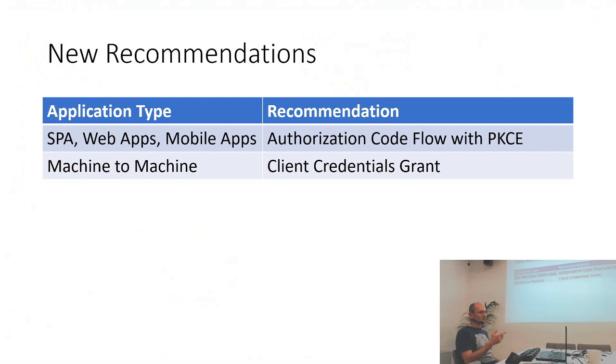So you can use this single flow for single page applications, web apps, and mobile apps as well. And for machine to machine, the recommendation is the same as in the past: use the client credentials grant. In the next part of the presentation, I'll show you how you can implement these flows. Any questions on this? This is the end of the first section.